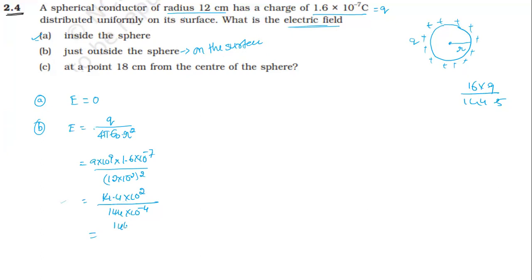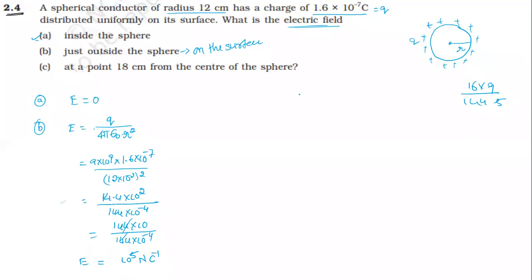I'll write 144 into 10, because I took 10 power 2 as 1 10, divided by 144 into 10 power minus 4. 144 cancels. What are you going to get, students? You're going to get 10 power 5 Newton per coulomb. That's the value of electric field on the surface.